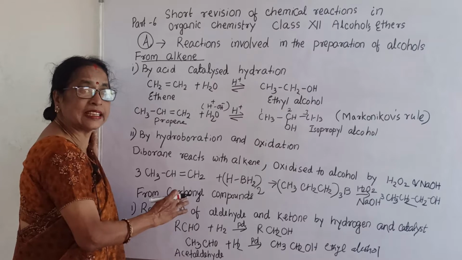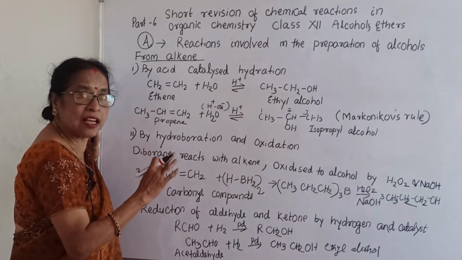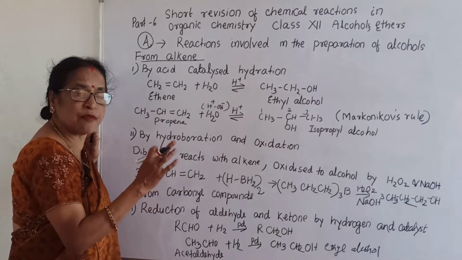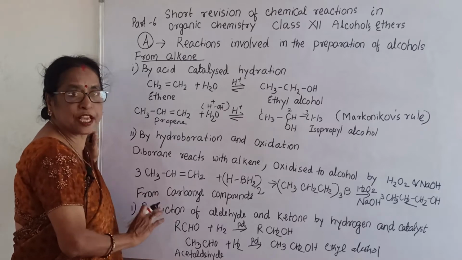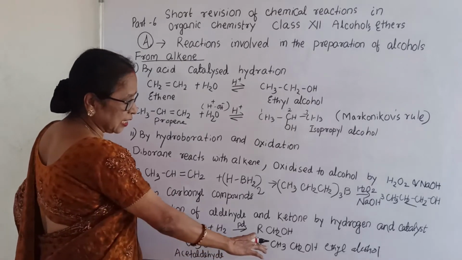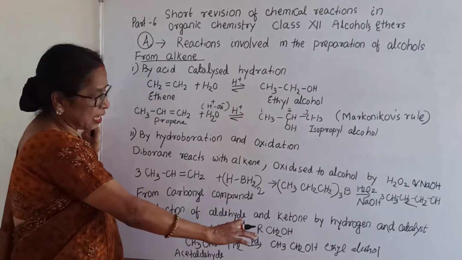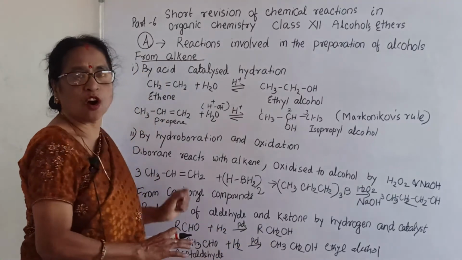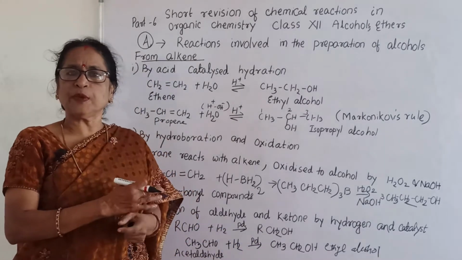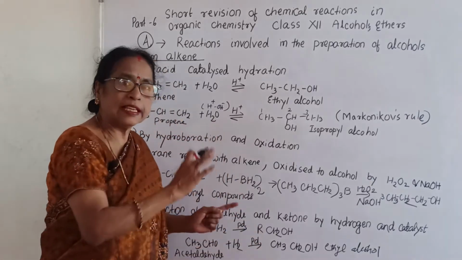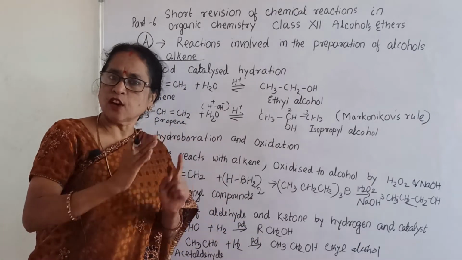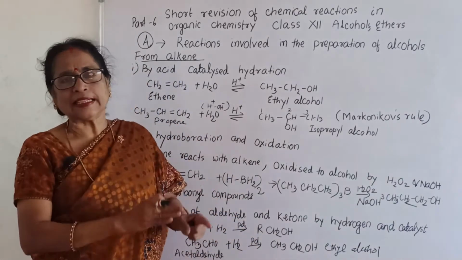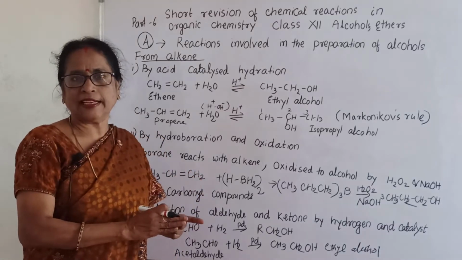And what is the IUPAC name of acetaldehyde? It is called ethanal. Ethanal, because 'al' means aldehyde. This is the IUPAC name of acetaldehyde. Similarly, the common name of the product is ethyl alcohol. And what is its IUPAC name? That is called ethanol. Ethanol means alcohol, ethanal means aldehyde.